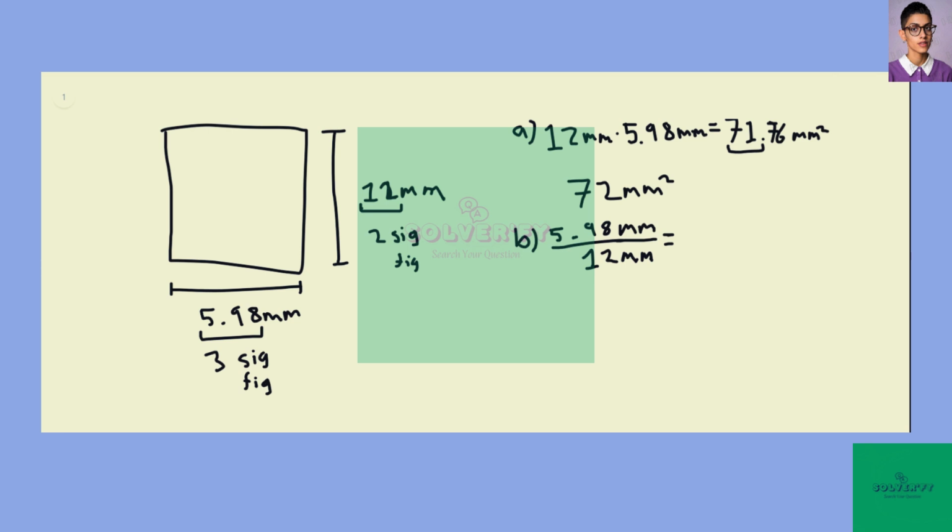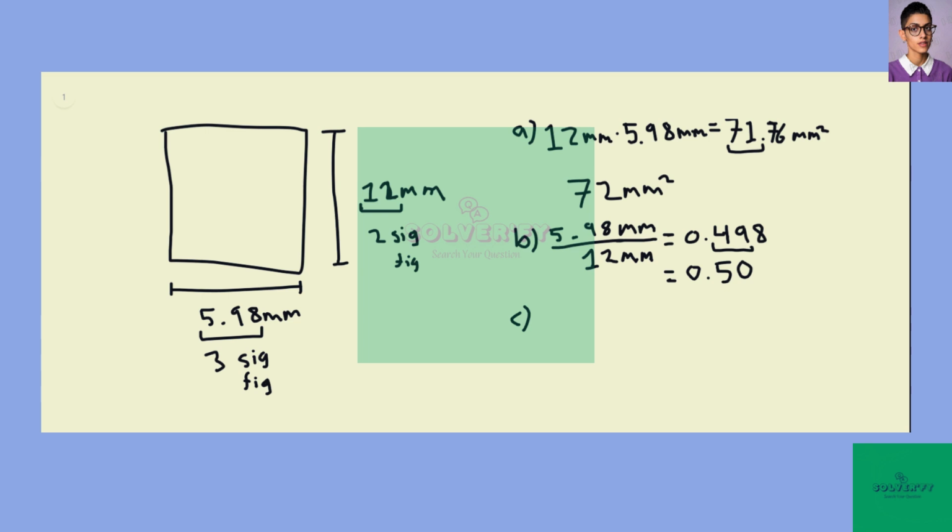And so the value we get is 0.498. So we only keep 2 significant figures. And since there's a 0 right here, we keep the two values after the dot, which is 4 and 9. And since this one is above 5, we round up, giving us 0.50. That's the ratio.